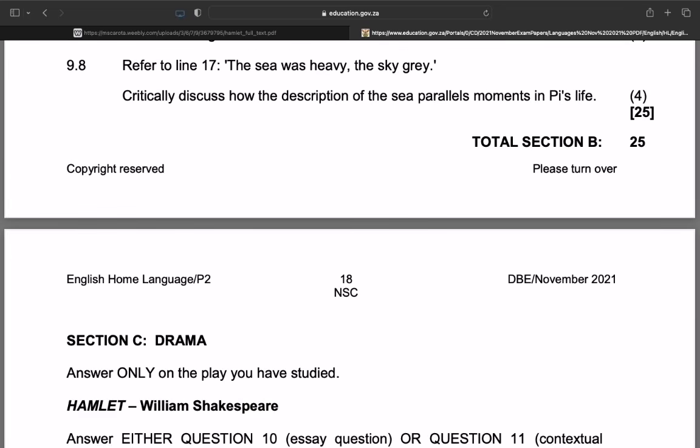9.8, refer to line 17. The sea was heavy, the sky was grey. Critically discuss how the description of the sea parallels moments in Pi's life. Okay, so I've seen this question before, but they mention in that question Pi's state of mind. So all you have to do is read "the sea was heavy, the sky was grey," right?